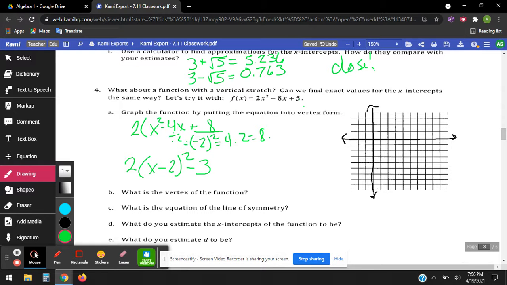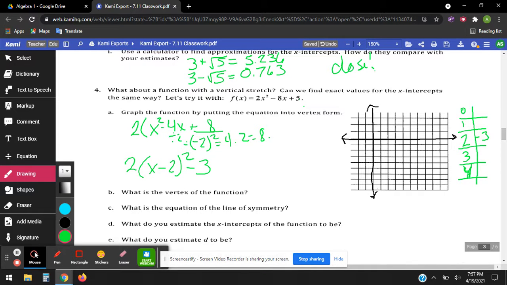All right. And so my vertex is at 2 comma negative 3. So again, I'm going to 3, 4, 5, 1, 2, 3, 2, negative 3. Let's see if this gets us to at least past the x-intercepts.